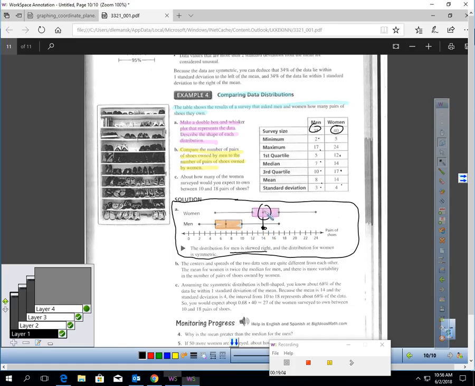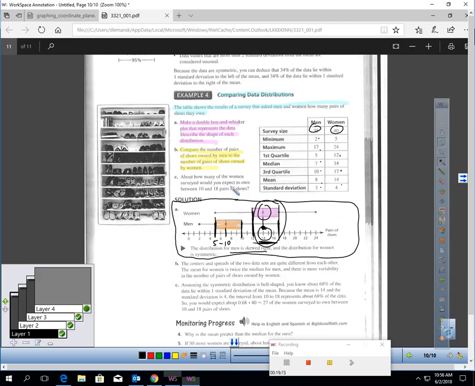So the middle group of women are about owning 14 pairs of shoes, where men only own 7. In fact, 50% of men own anywhere from 5 to 10 shoes, where 50% of women own anywhere from 12 to 17 shoes. So it's easy to see women as a whole own more shoes than men.